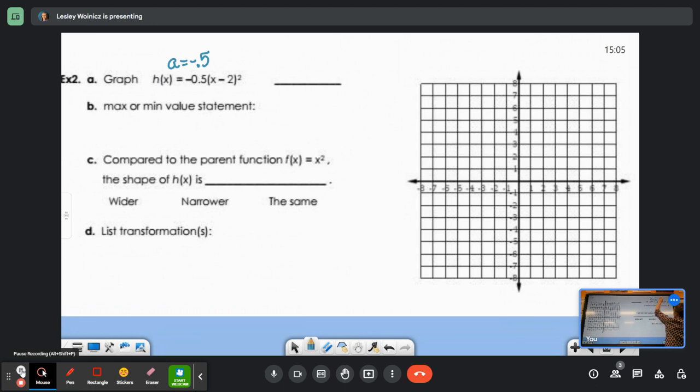So it opens down and it's squished like a satellite dish. Okay, H is inside parentheses, K is outside at the end. So what is the H? 2, because it flips. What is the K? Good. Okay, so 2, 0.